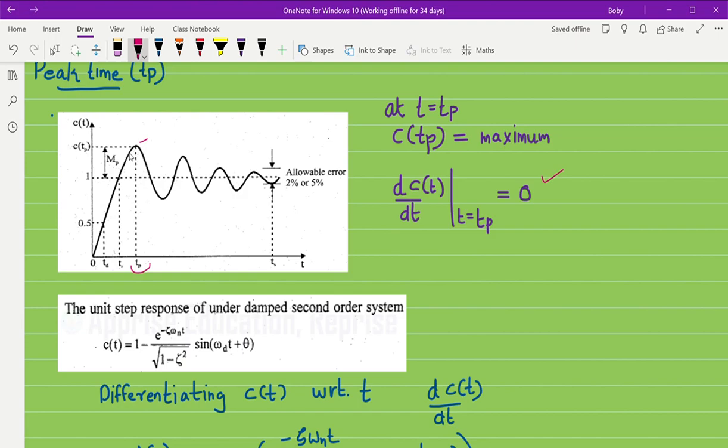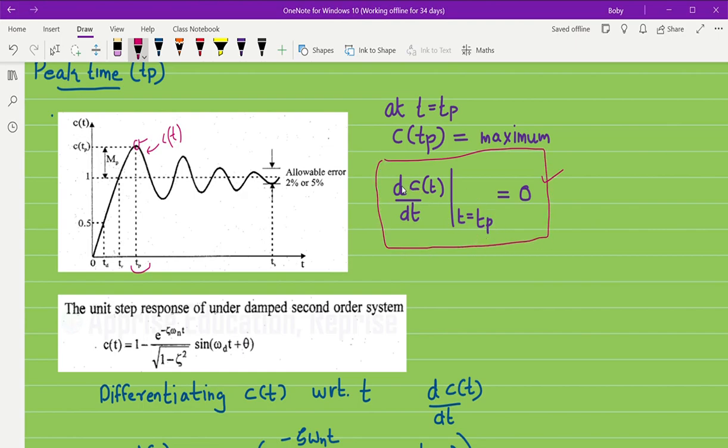If you take the derivative of this function C of t at time t equal to TP, then its derivative will be equal to 0. So its maximum value means the derivative becomes 0. This is the concept which we are using for finding the expression for TP.